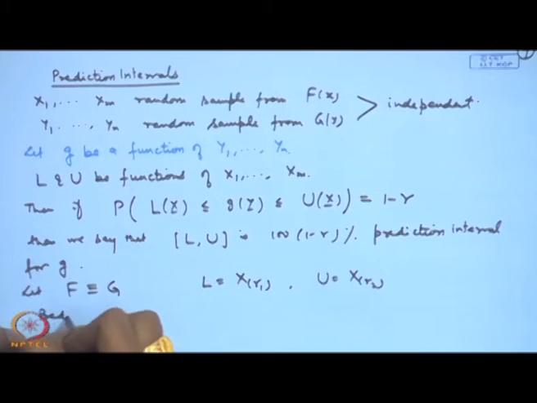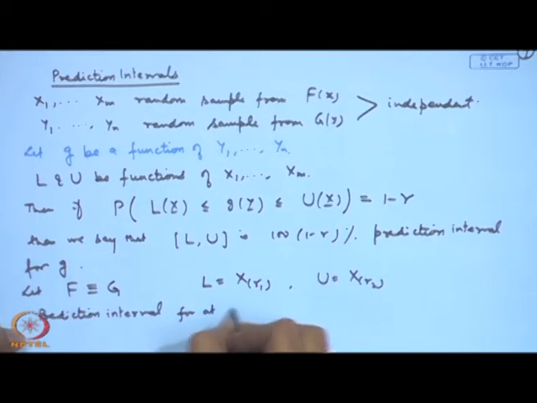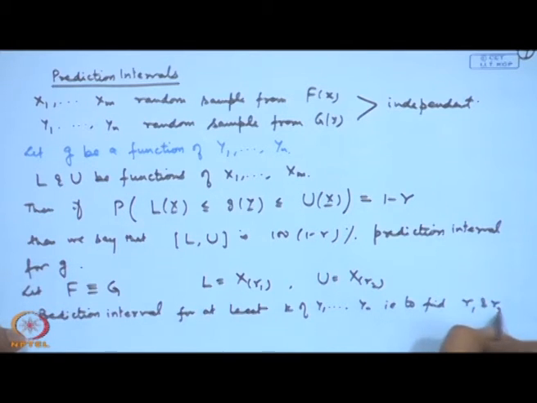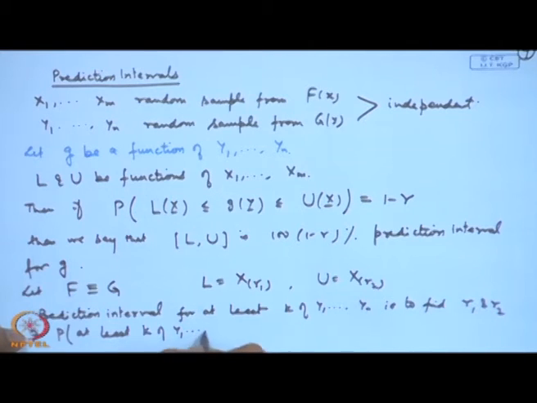So, we consider the prediction interval for at least k of y 1, y 2, y n, that is, to find R 1 and R 2 such that probability of at least k of y 1, y 2, y n are between x R 1 and x R 2 is equal to 1 minus gamma.